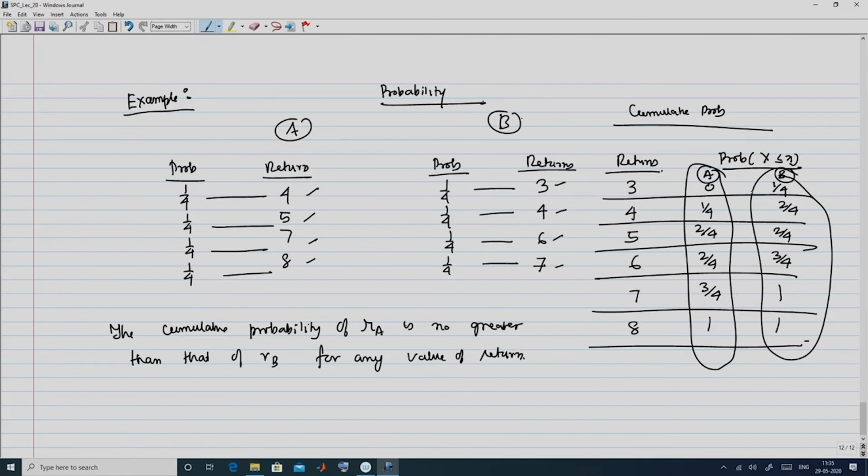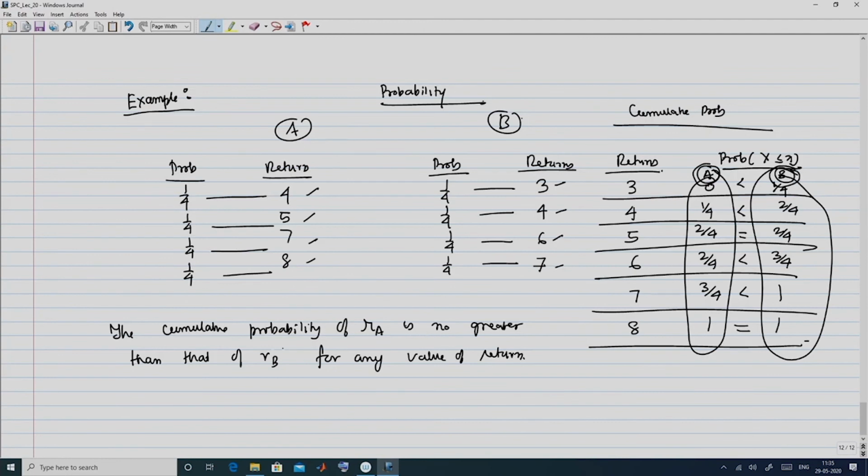So, observe carefully that here 0 is less than 1 by 4, 1 by 4 is less than 2 by 4, so this is strictly less than, equal to, strictly less than, equal to. So, you see that in each case the cumulative probability for A is either strictly less than that of B or is equal to that of B.